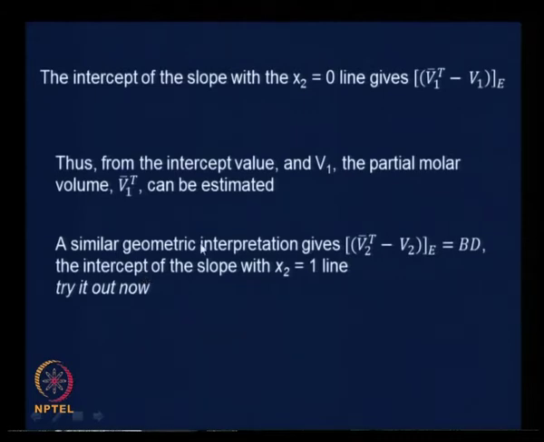I had asked you to work out a similar geometric interpretation to find the partial molar volume V2t hash, and the formulation would yield that the difference V2t hash minus V2 at the point E would be equivalent to the intercept on the other axis, and therefore we could find V2t hash from there. So hopefully you went about completing that exercise.